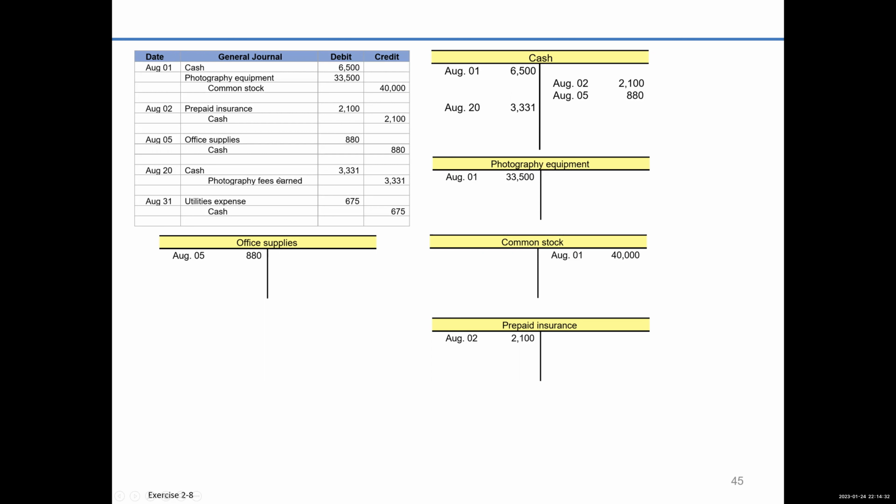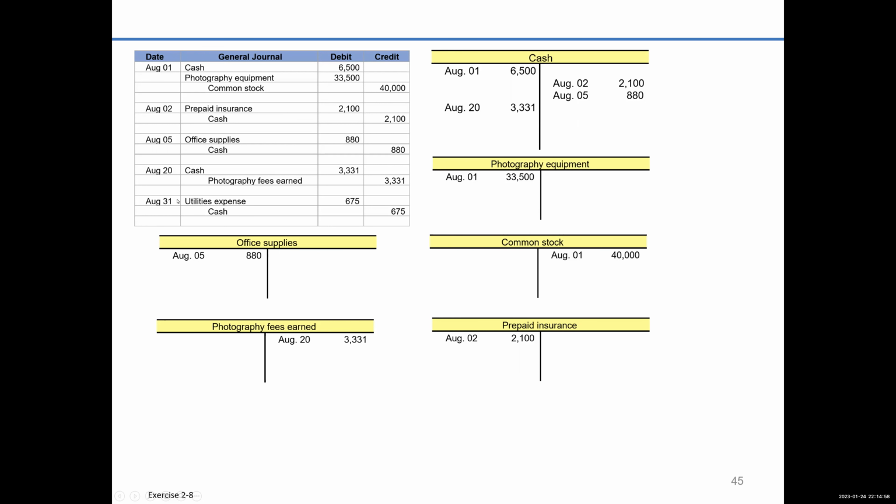Photography fees earned, credit $3,331. And I don't see a photography fees earned account. I guess we need to put it in. Okay, so there we go. It's a credit, so we're going to put it on the right side there. August 20, a credit of $3,331. All right, we finished posting both lines for August 20.